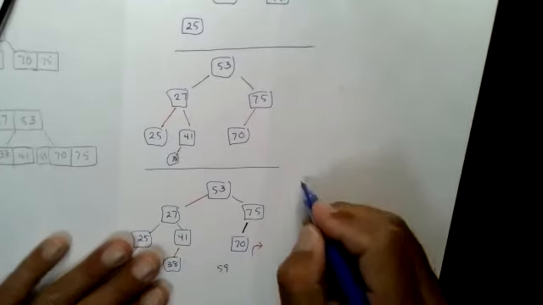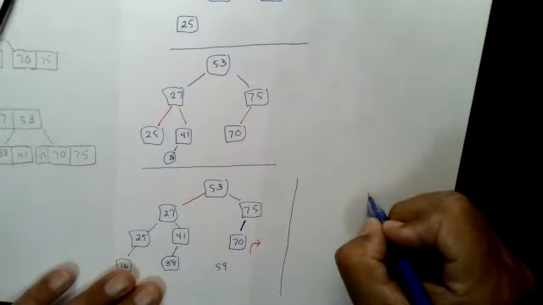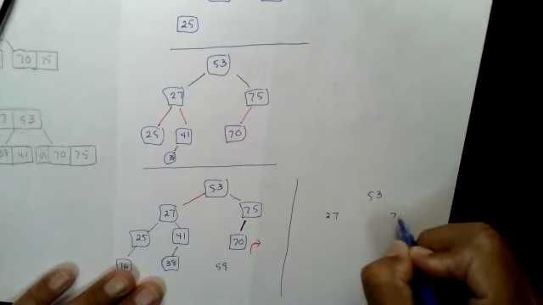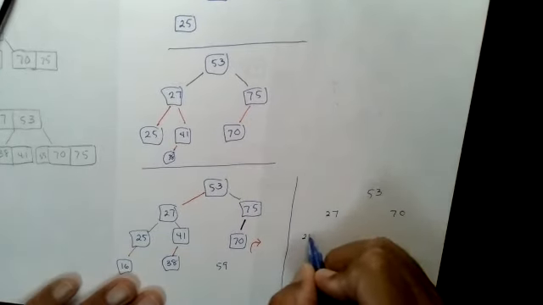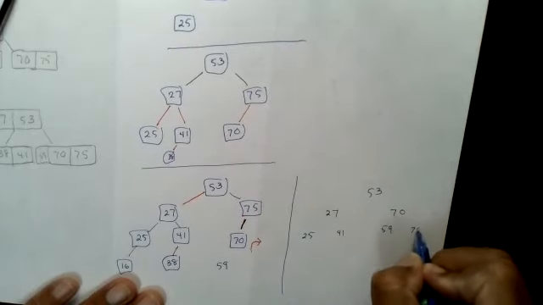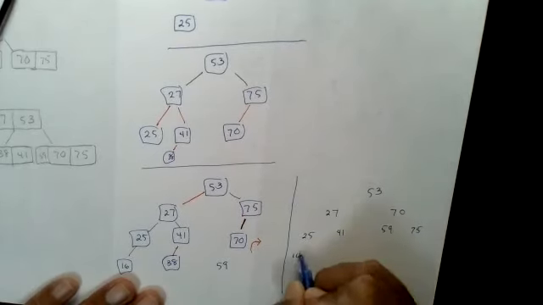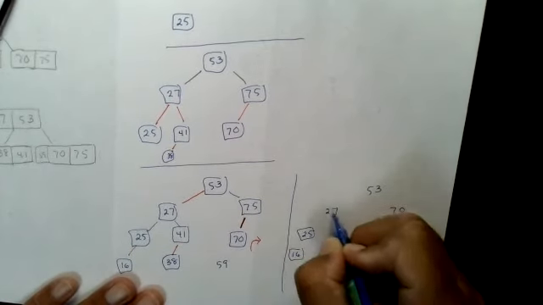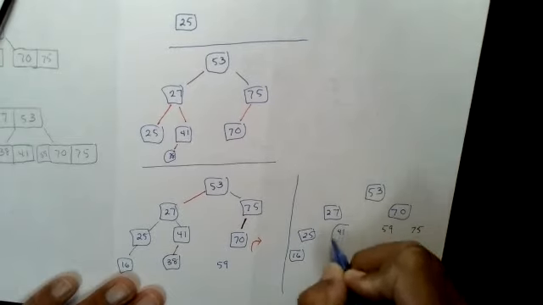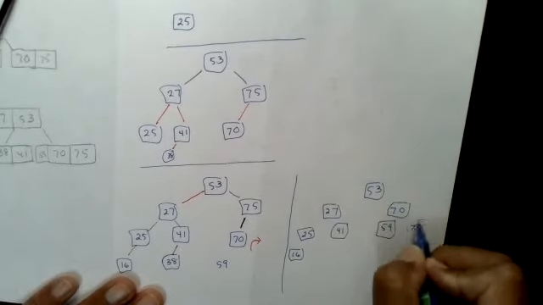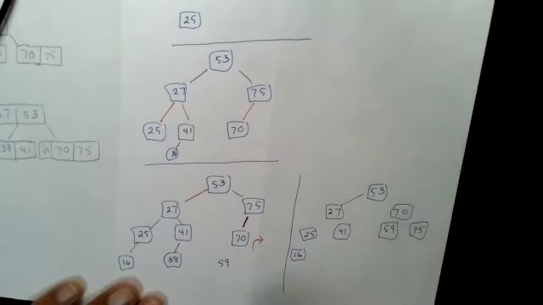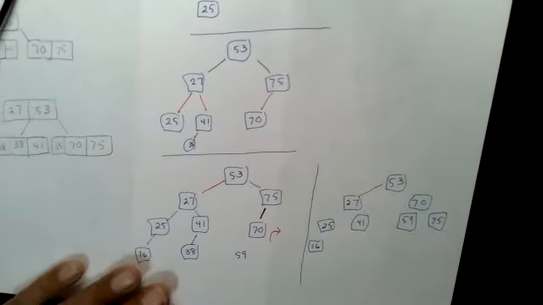So it would now need to become something that looks like 53, 27, 70, 25, 41, 59, 75, and 16. Let's see, these two are siblings, I know that.